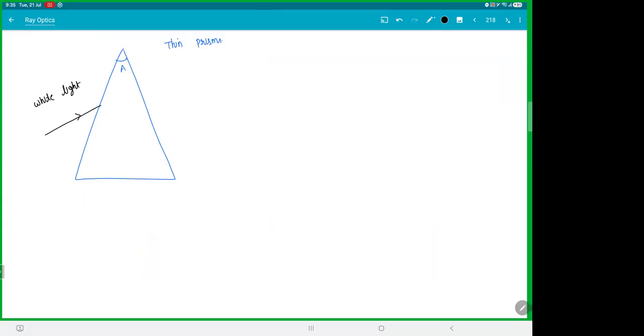So if you send a white light and this thing starts splitting inside, red will be here, the blue will be here, all other colors will be in the middle. So this angle between them is called the dispersion angle.